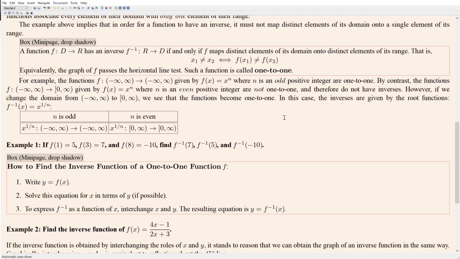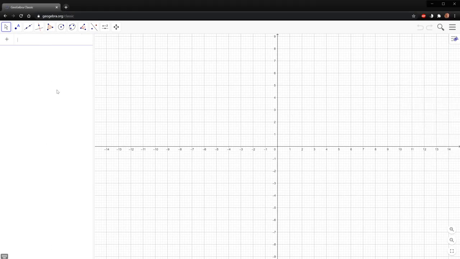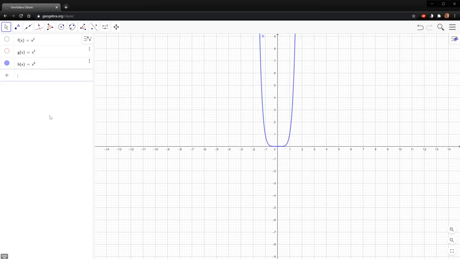By contrast, the functions given by x to the power n, where n is even, those are not one-to-one. So again, let me remind you of what those look like. So of course we have x squared, which is a parabola. Well, not one-to-one. It does not pass the horizontal line test. X to the power 4 has the same exact problem. X to the power 6 has the same problem.